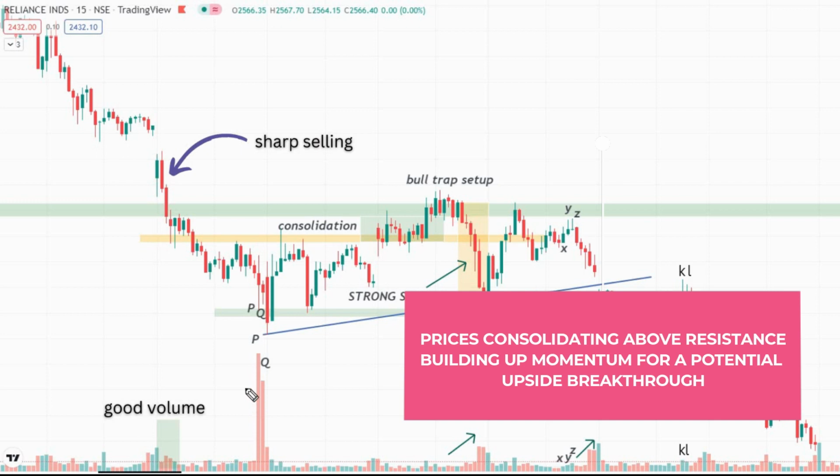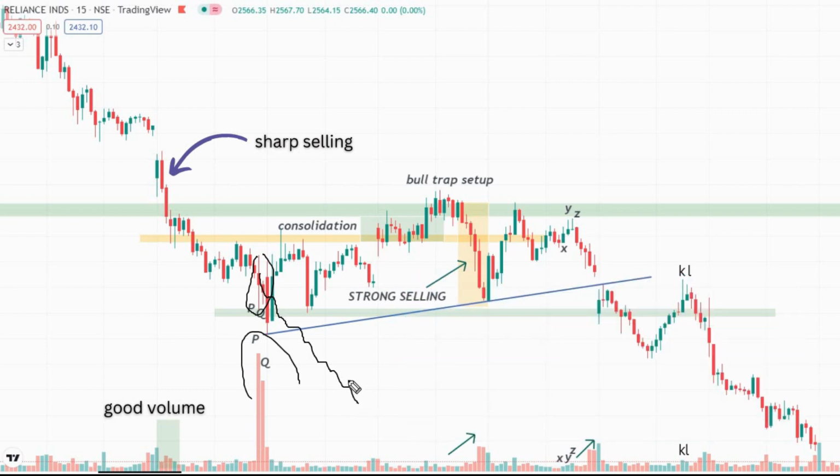Because after huge volumes, prices were not able to continue the downward momentum. Then selling pressure is getting reduced each and every time, and resistance is getting tested once, twice, 3, 4 times, and prices are continuously making higher lows.